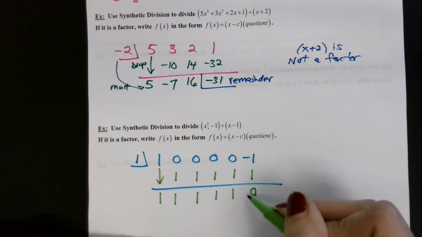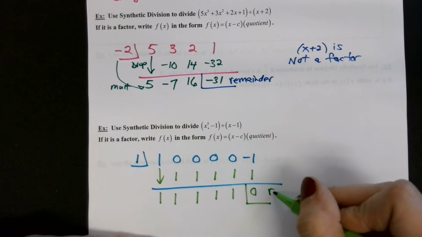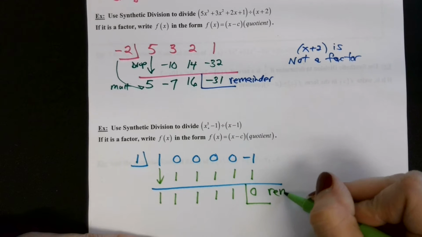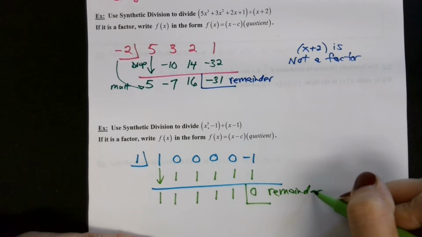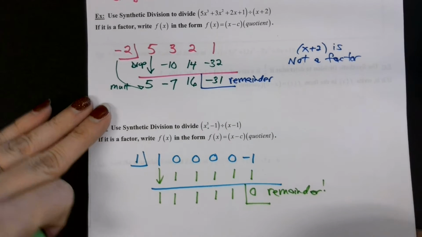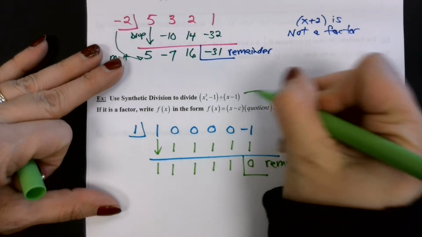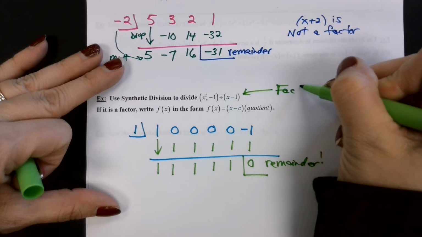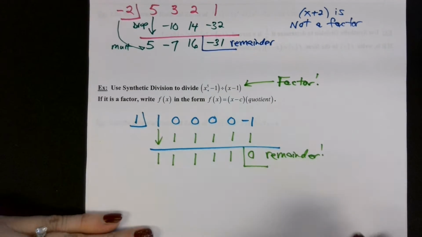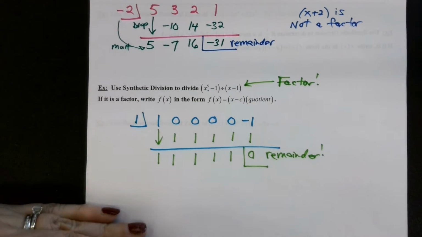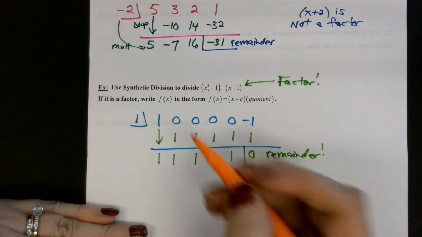You add them together, and that, box it off, get that out of the way, is the remainder. So this one actually did divide in evenly. This is a factor. Now, if it is a factor, we have to write this polynomial in factored form.